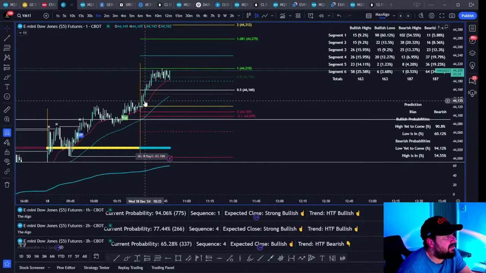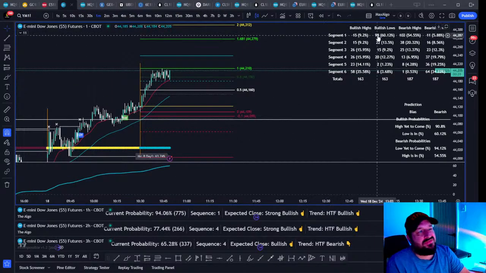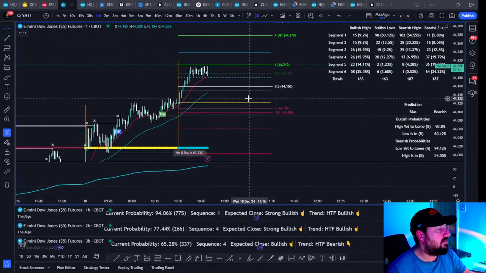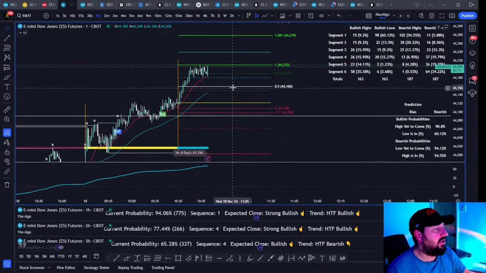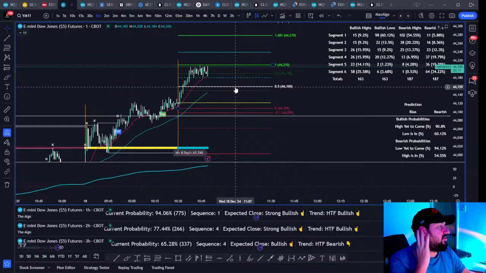But better data than gold, much better data, right? Gold we had 54, we got 60% on YM, which I like. Whether we'll get the tap in is another question.